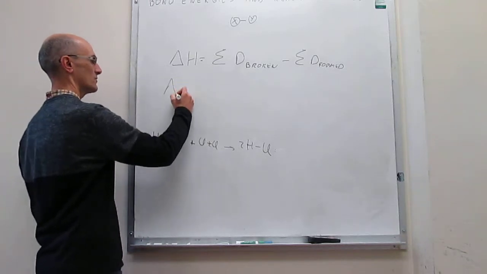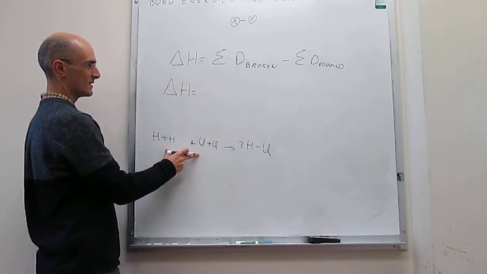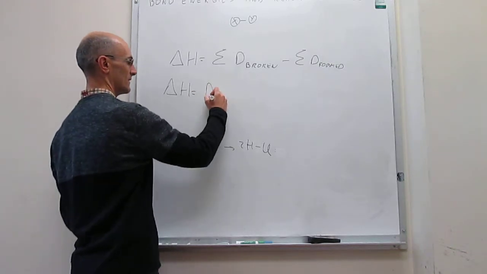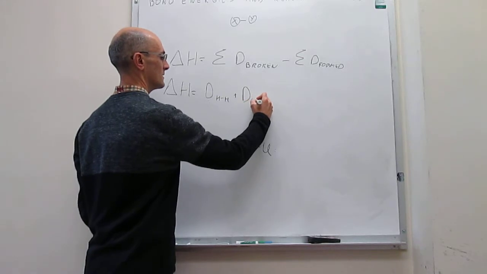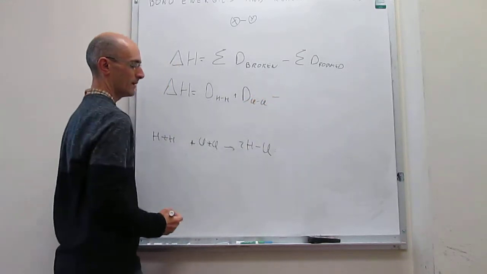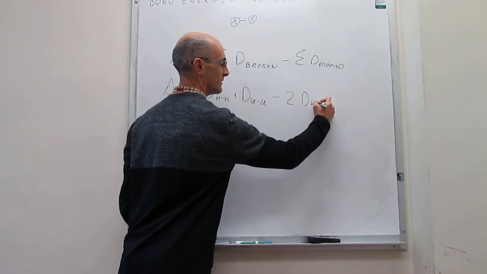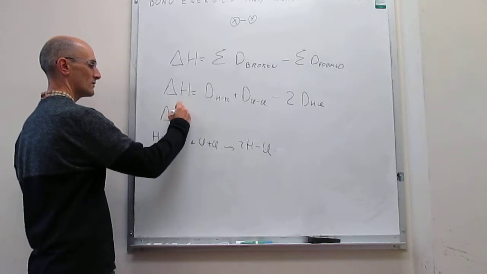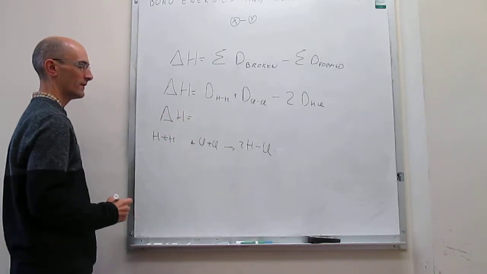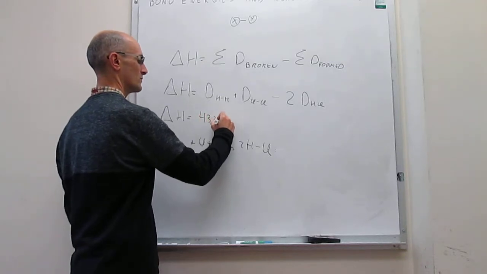So for this reaction, the broken bonds are H-H and Cl-Cl, so that is going to be the energy of the H-H bond plus the energy of the Cl-Cl bond minus twice the energy of an HCl bond. If we take the numerical values that we wrote before, the energy of an H-H bond is 432 kilojoules per mole.